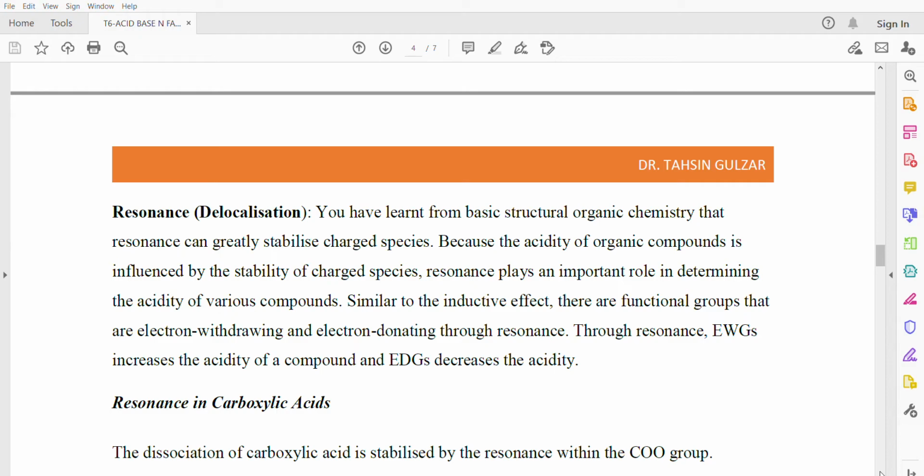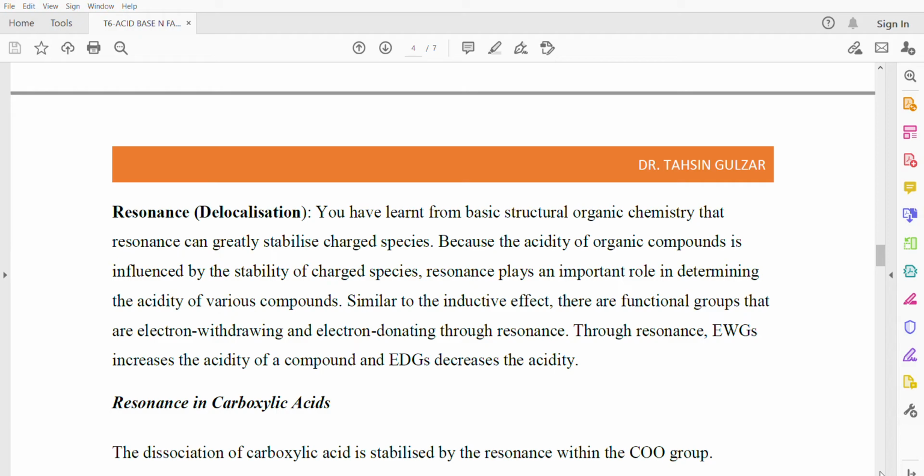And you show a dotted line and inside it the negative charge. This dotted line means delocalization. And you make two resonating structures. You put a double-headed arrow between one structure with the negative charge on one oxygen and the next with the negative charge on the other oxygen.